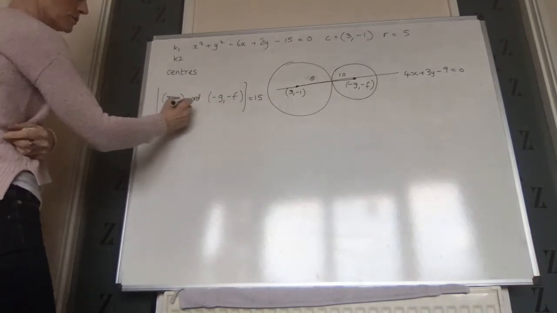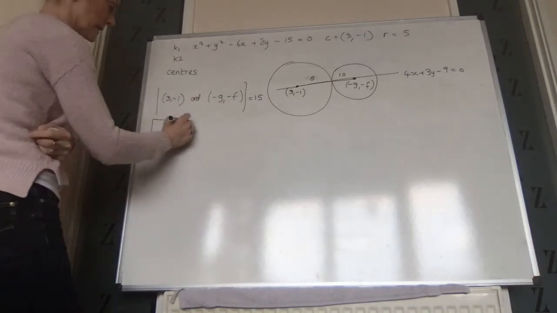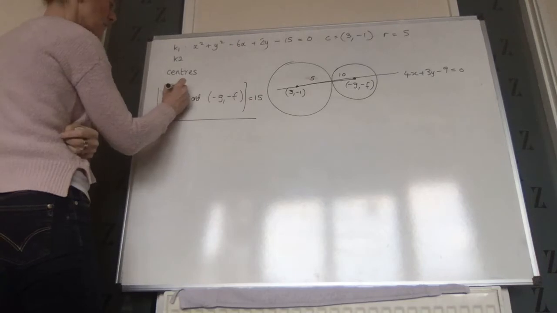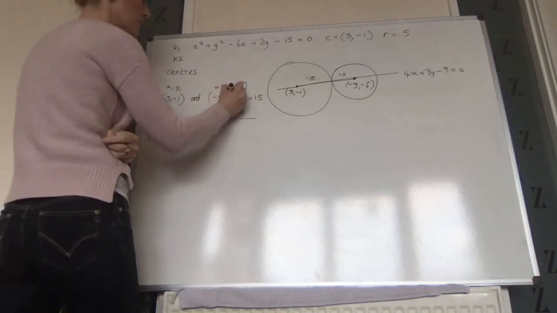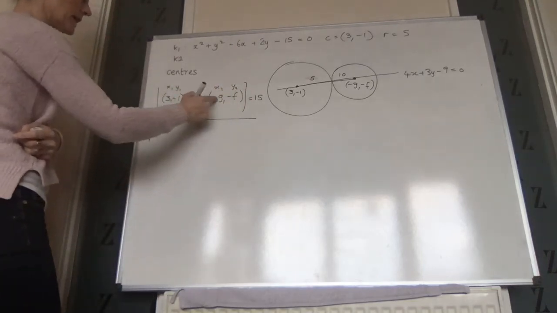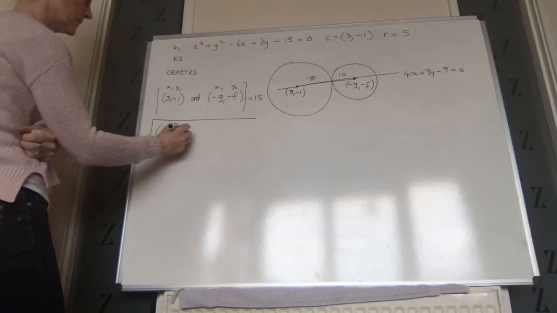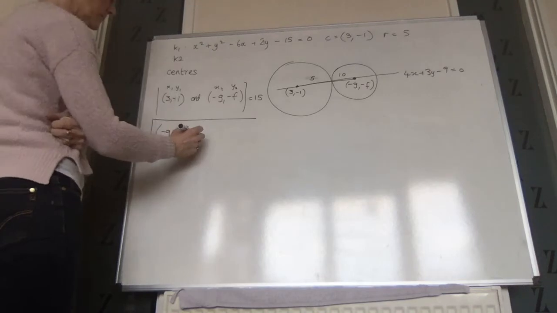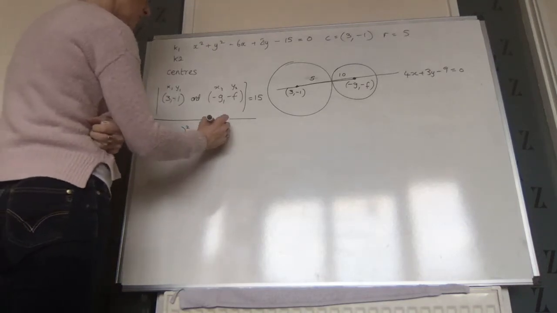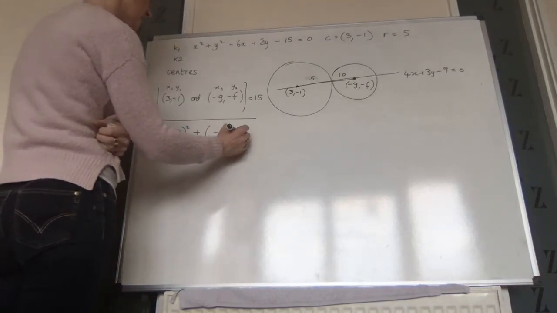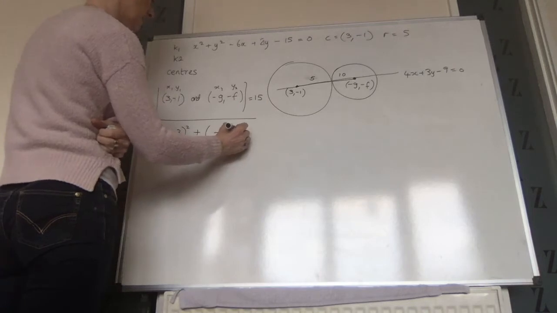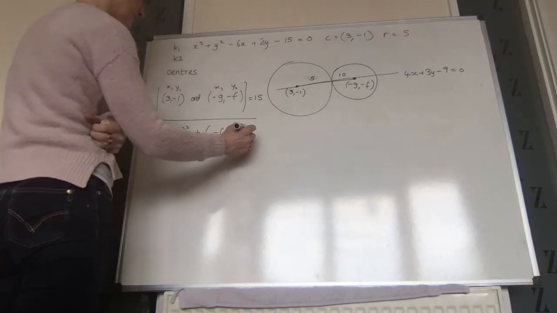You use your formula for the distance, so that's the square root of x2 minus x1 squared plus y2 minus y1 squared is equal to 15.